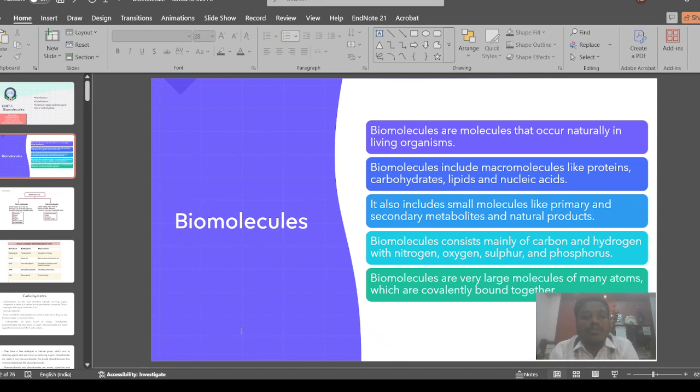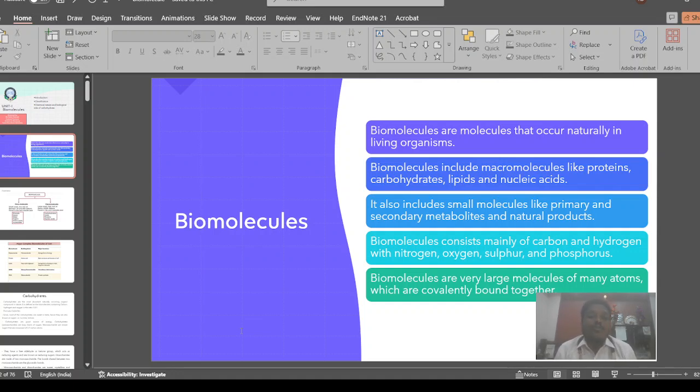Biomolecules are the molecules that occur naturally in living organisms. Biomolecules include the macromolecules like proteins, carbohydrates, lipids, and nucleic acids. It also includes small molecules, along with the macromolecules, which are proteins, which are made up from amino acids.